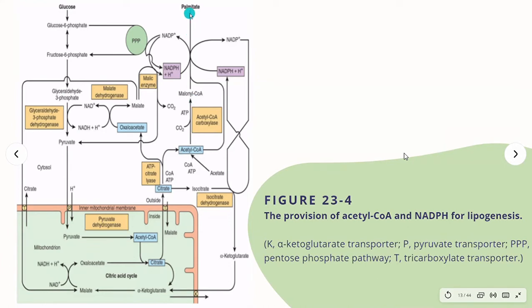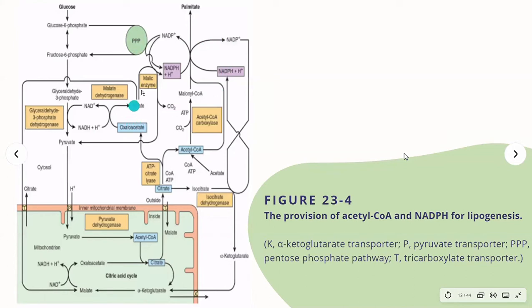Then where is our NADPH? So here is your NADPH. What is this? PPP. That is pentose phosphate pathway. Hexose monophosphate shunt. That's the source of NADPH. Now here's another one. Isocitrate dehydrogenase. It produces NADPH, which can also be used here.